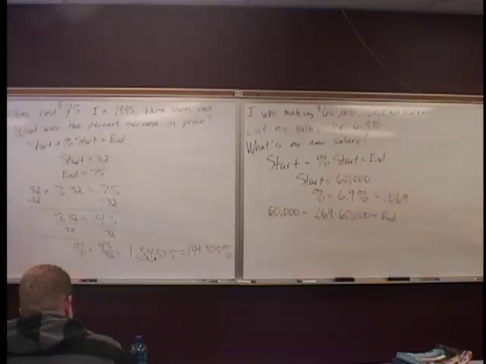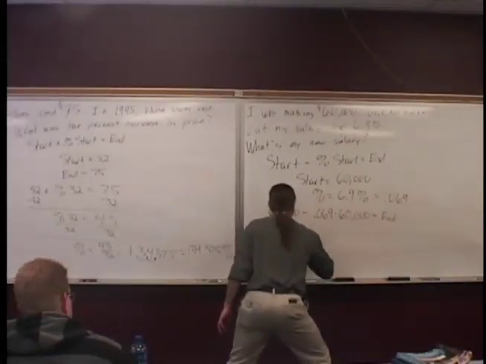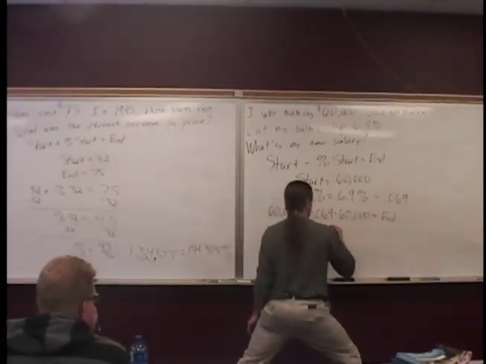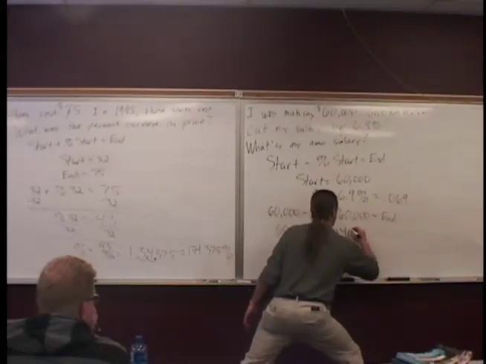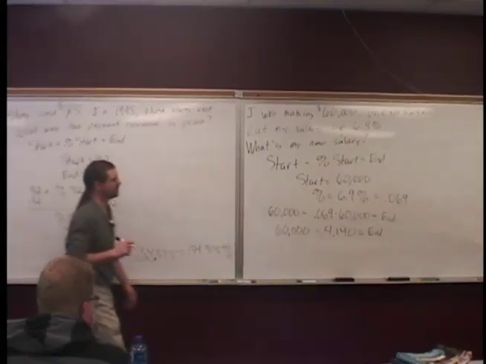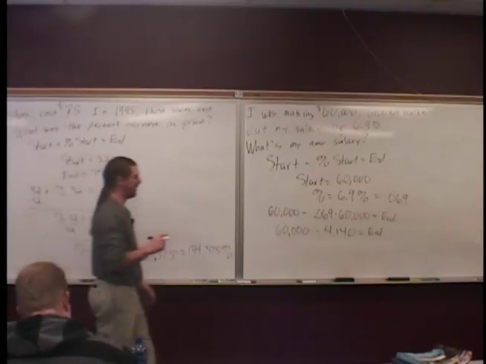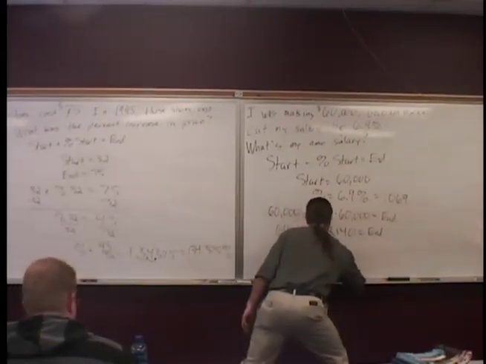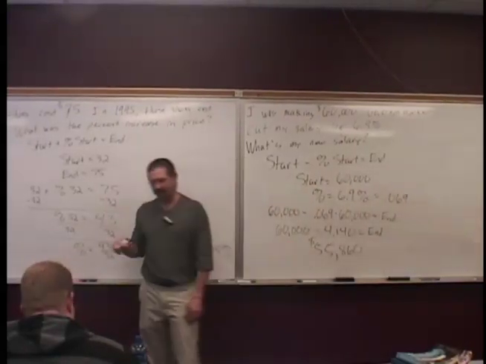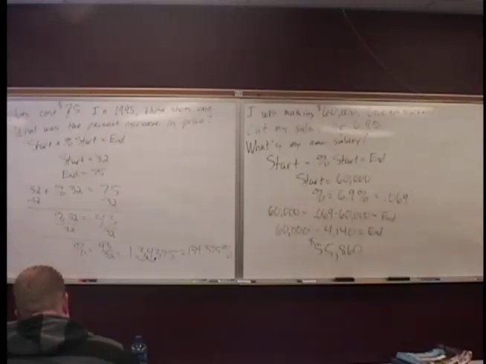But what's 6.9% of 60? And then subtract my pay cut off of my salary. What's my new salary? My final salary is now $55,860. Welcome to being a teacher in Wisconsin.